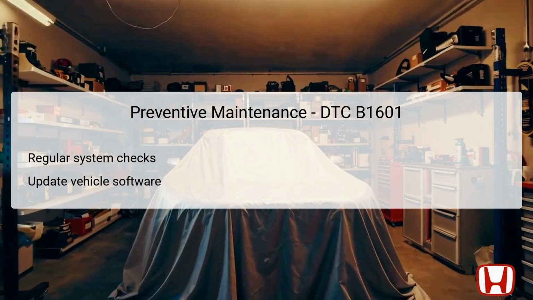Updating the vehicle's software periodically ensures that the control systems are operating with the latest improvements and fixes provided by Honda. Such updates often include refinements that can enhance reliability and efficiency of electronic systems. Consistent preventive maintenance fosters a proactive approach, securing the longevity and performance of the keyless entry system.